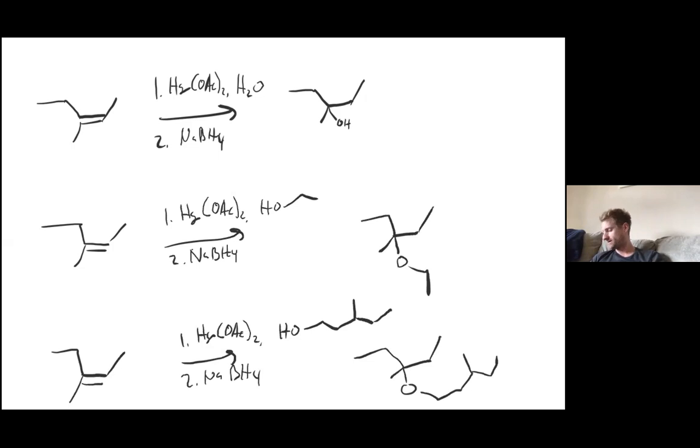The next thing we're going to talk about is how to break them down. So if I have an ether, and I throw in HBr and heat, this is going to fall apart into three different components. So we're going to end up breaking the bond on both sides of the ether.